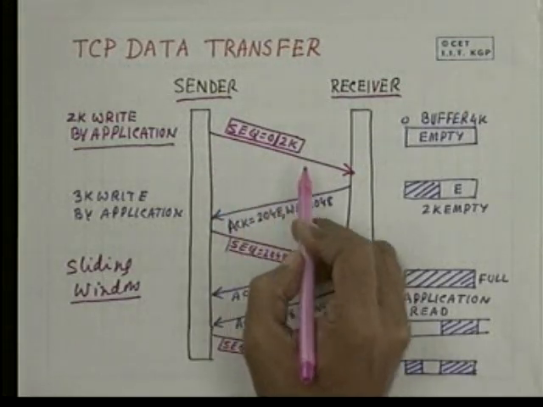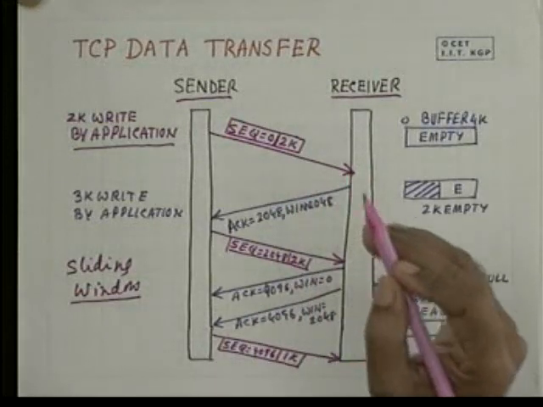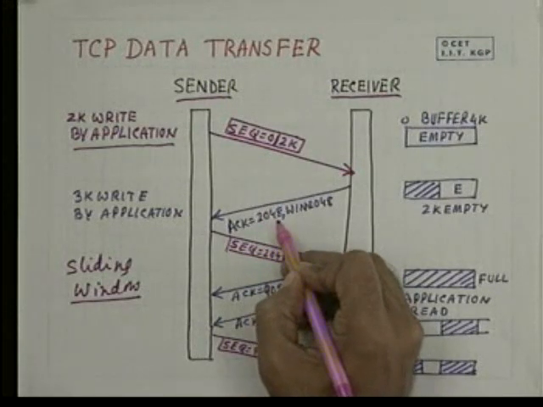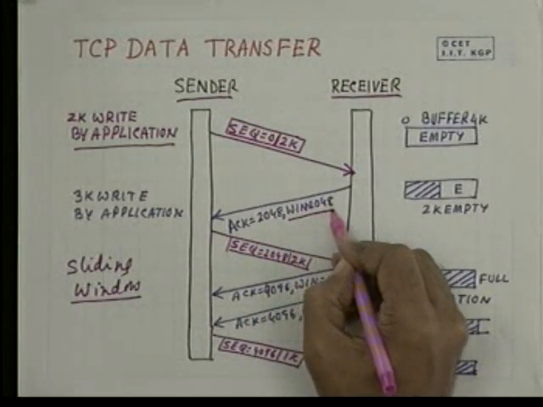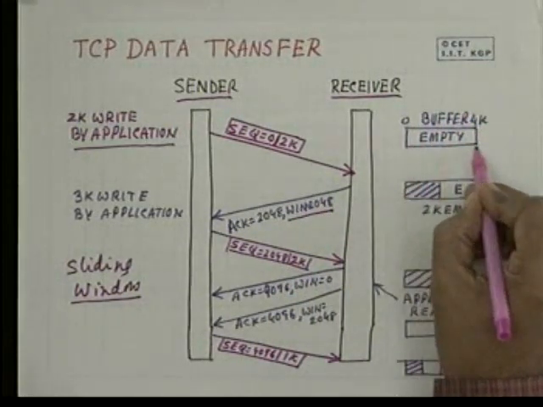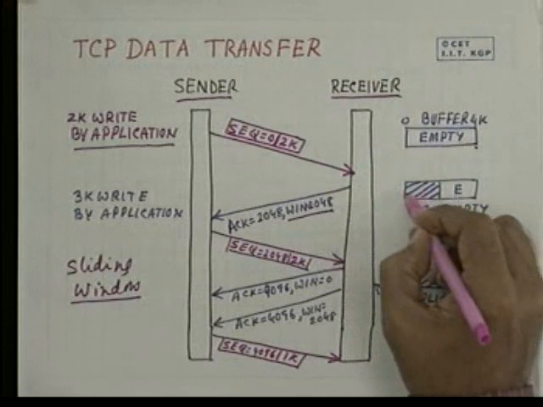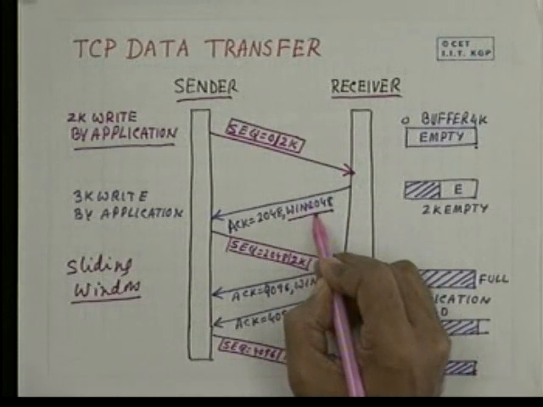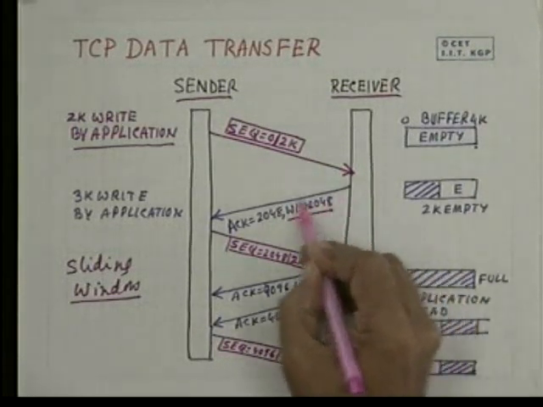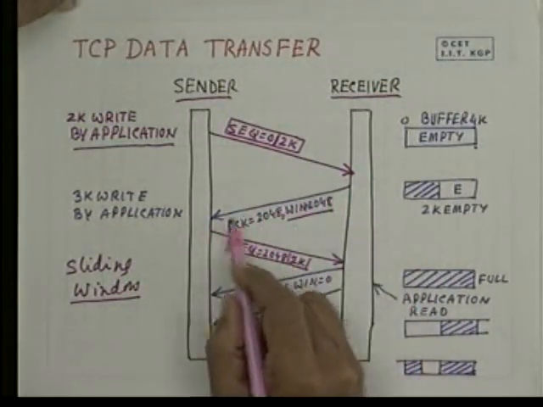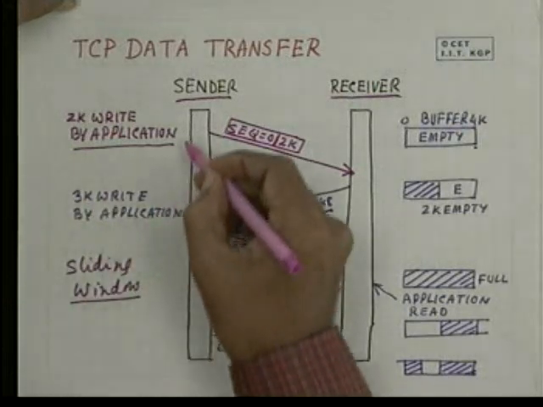So we find that it has received up to sequence number 2047, since it is 2K, and it is now waiting for sequence number 2048. It also says the window size is 2048. The reason is that initially the buffer on the receiving side was 4K. Now it has already received 2K, so another 2K is available, and that's why the window size is set to 2048.